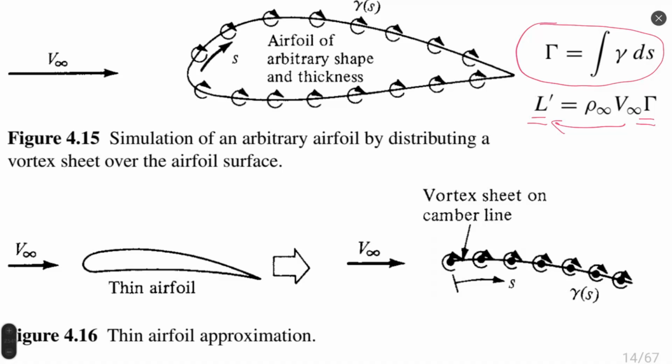This proportion we already called in our previous lecture the Kutta-Joukowski theorem, one of the most fundamental definitions in aerodynamics. The Kutta-Joukowski theorem gives the relation between lift and circulation over an airfoil, or not just an airfoil, but any arbitrary aerodynamic body. This relation will work.